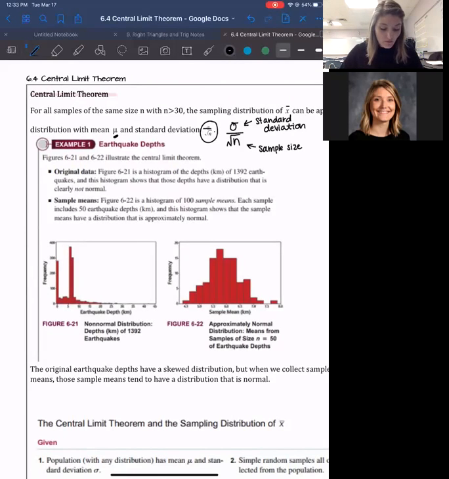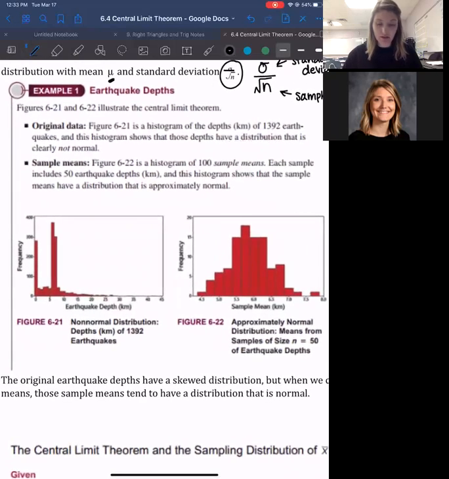If you look at this, it breaks it down just a little bit with earthquakes. On the left-hand side, this graph is a histogram of the depths of 1,392 earthquakes. And the histogram shows that the distribution is definitely not normal.